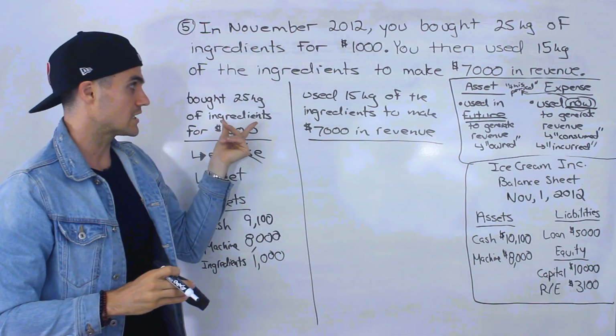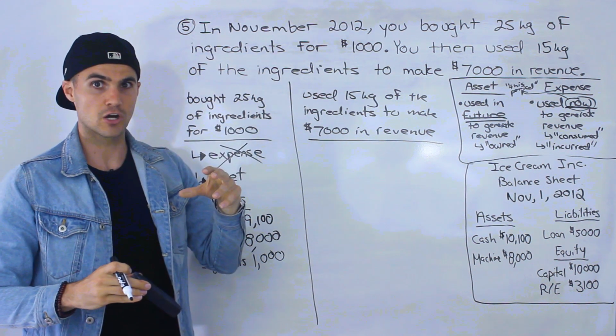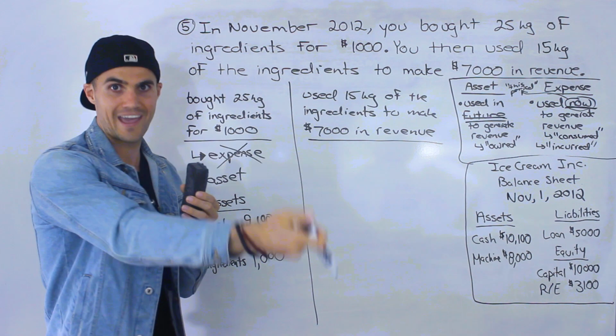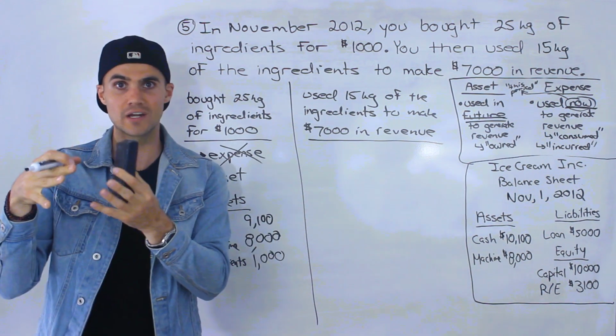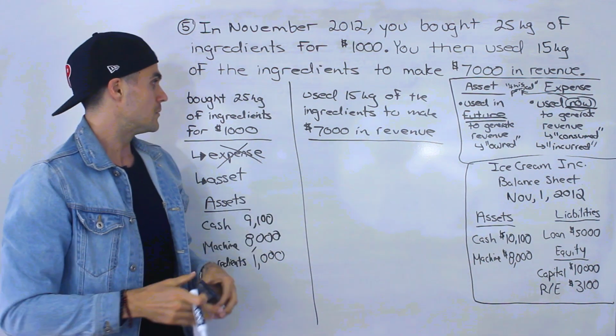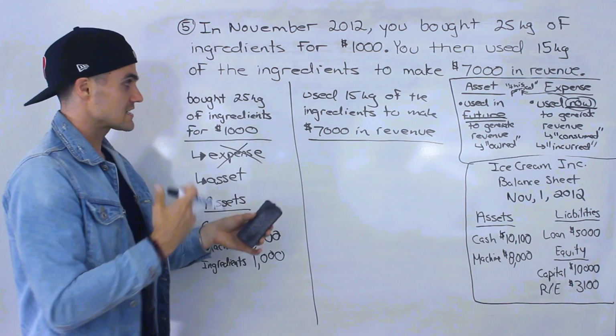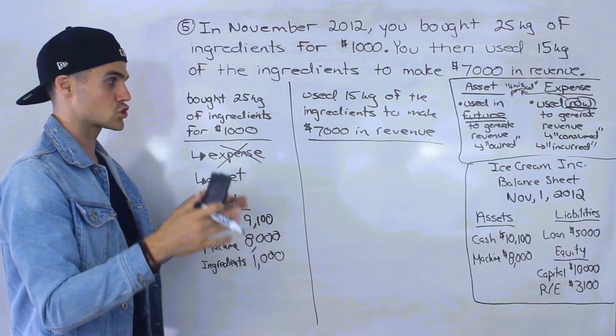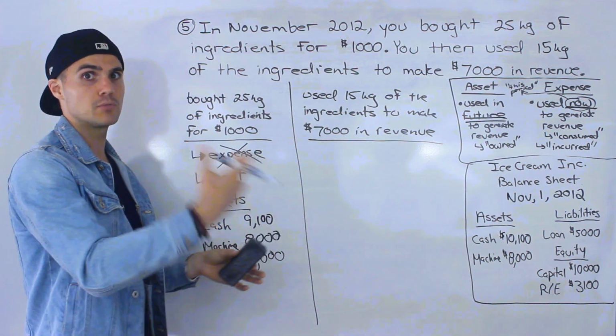Well, these ingredients would be used now to generate revenue when the ice cream is actually sold, when the ice cream is handed to the customer. Then the ingredients in that ice cream are also handed to the customer. But notice that when we bought these ingredients, they're not being used yet, right? They're sort of being stored and they're going to be used in the future.